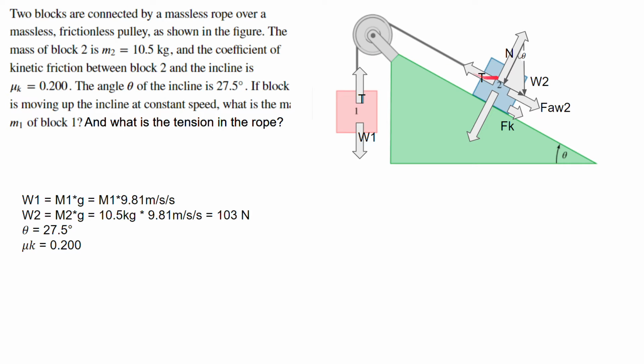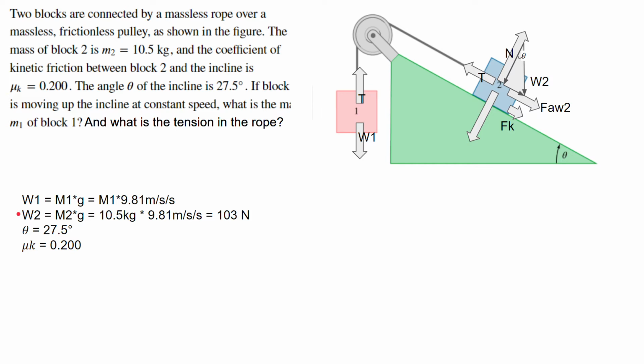So now that we have our free body diagram, we're going to take note of what values we know and what that means. We know that the weight of block 1 is going to equal its mass times gravity, and since we're going to assume that this system is close to the surface of the Earth, that acceleration due to gravity is going to be 9.81 meters per second squared.